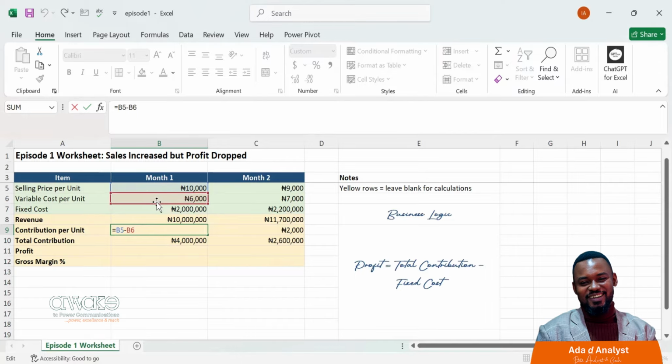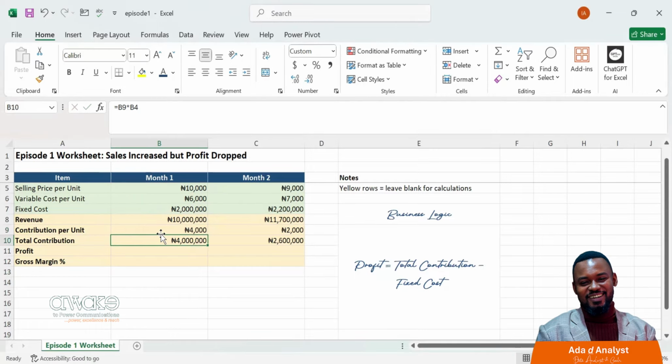So we had already taken out what? Our variable cost. The amount we have here as our contribution per unit is without the variable cost, so we are already taking that out.